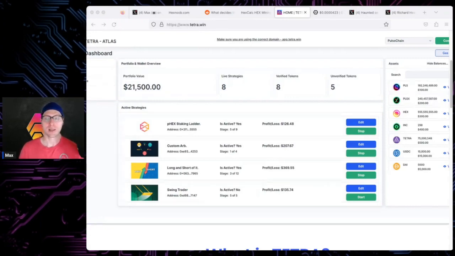Over time, I could see people saying, that strategy you're doing, you can just automate it with Tetra. Or, if you have Tetra and you want to earn passive income, here's the estimated rates, here's all that stuff. And then you would get Tetra, buy off market, whatever it is, stake it, and then again earn the part of the share of the fees.